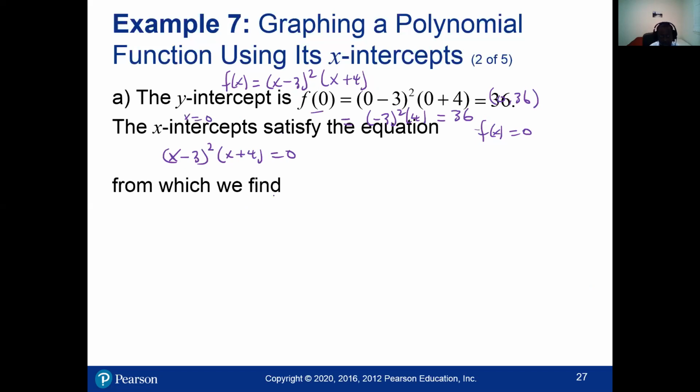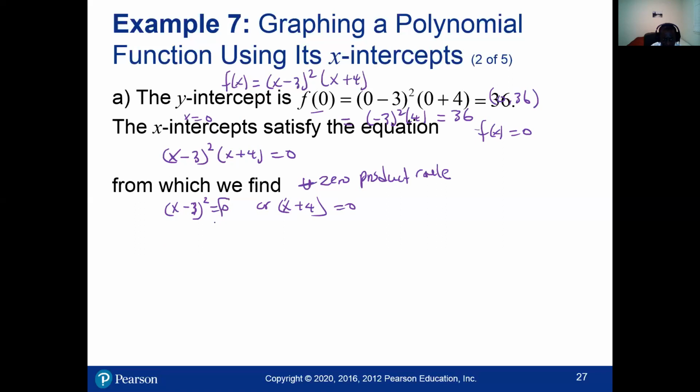When you set it to 0, we use what we call the zero product rule, meaning that we take (x minus 3) squared and set it to 0, or (x plus 4) and set it to 0. If you set it to 0, you take the square root of both sides.